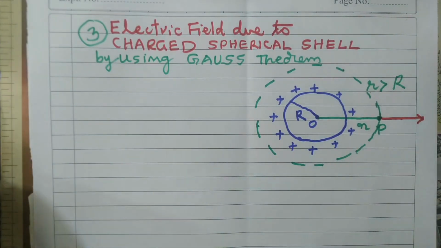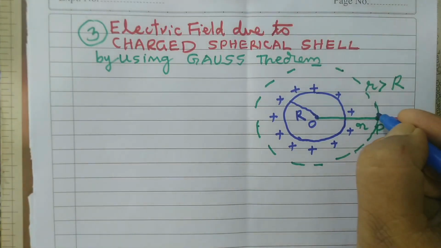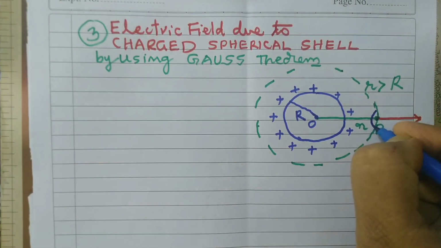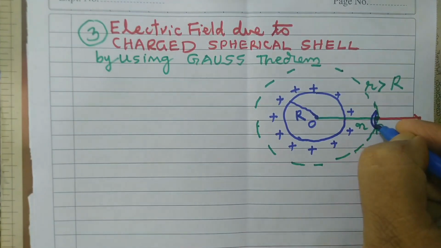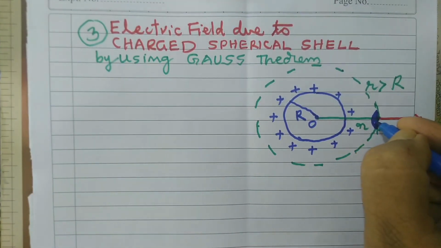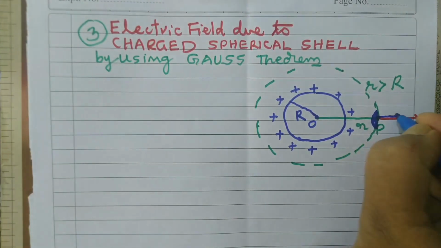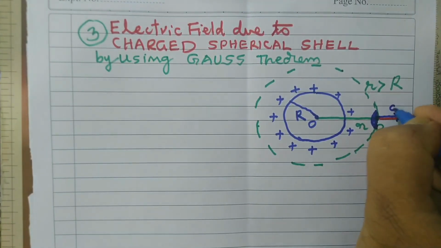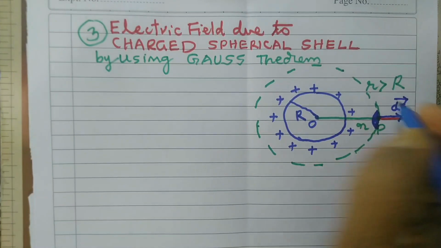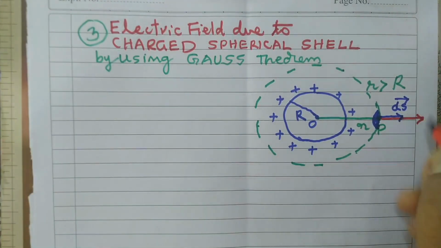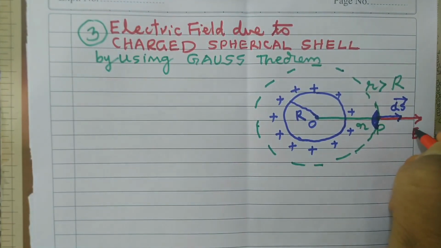Now we consider a small elementary area at this point. This small area will have an area vector like this. The area vector is indicated by ds bar, as you know very well. The electric field is indicated by E bar.